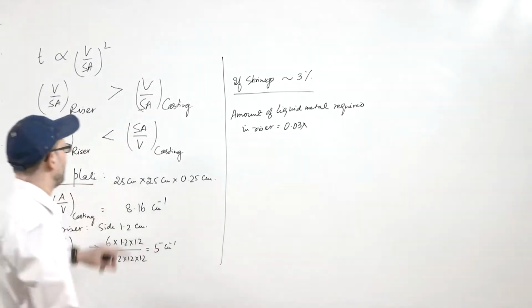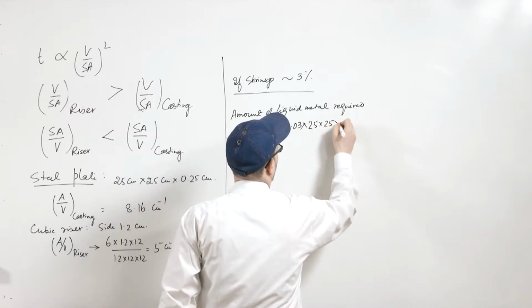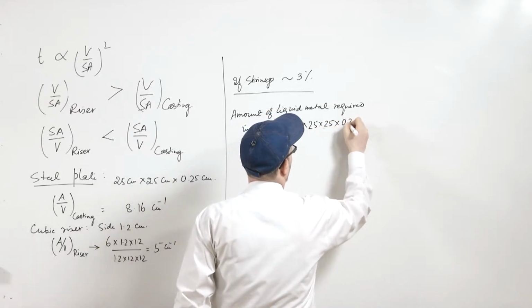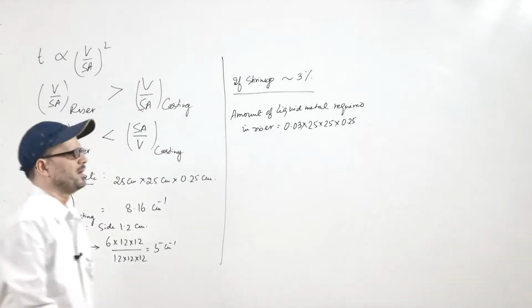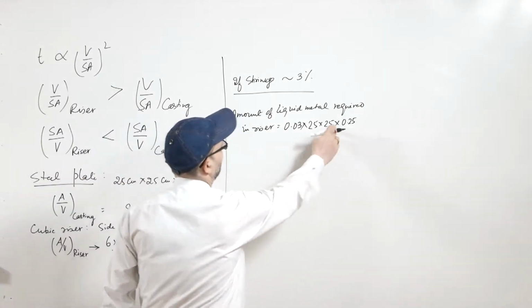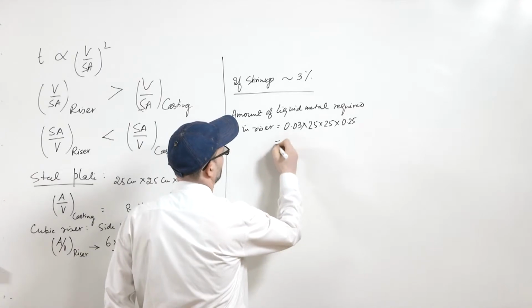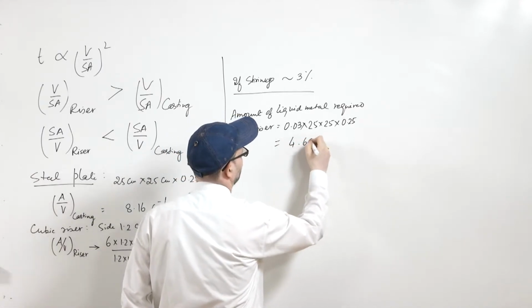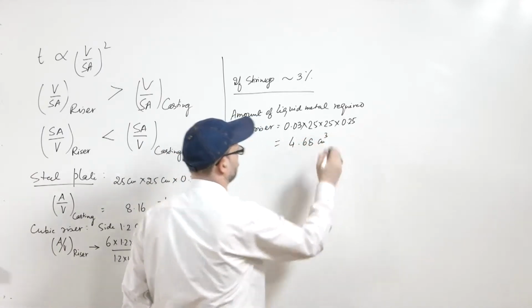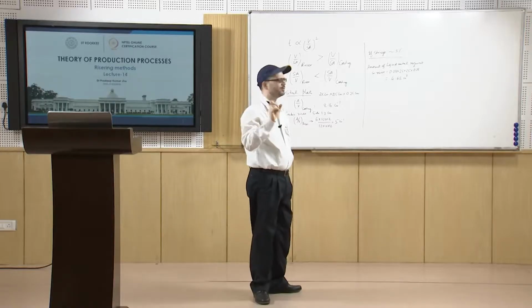The casting is 25 into 25 into 0.25, so that comes out to be about 4.68 centimeter cube. This is the amount of liquid metal which is required for the riser.